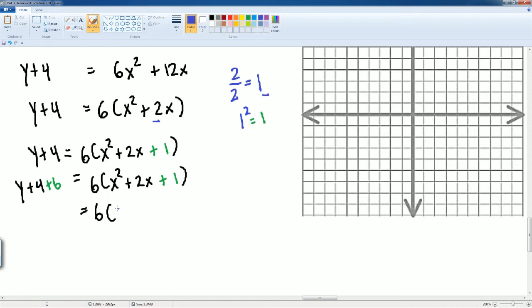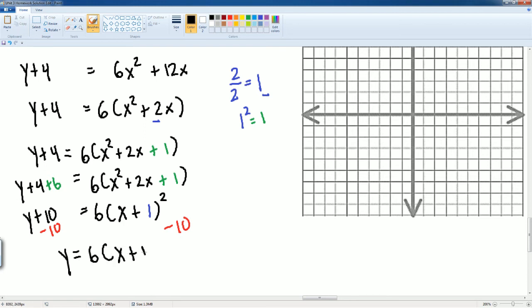So this can be x plus 1, squared. And then this is 10 right here. So what we can do now is subtract 10 from both sides, leaving you with y equals 6(x plus 1) squared minus 10.